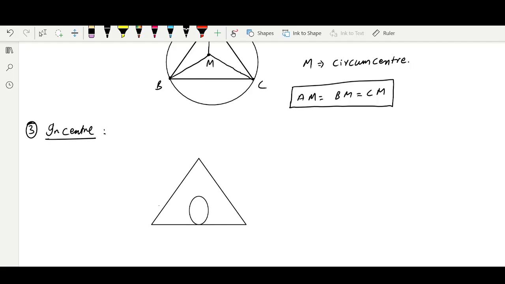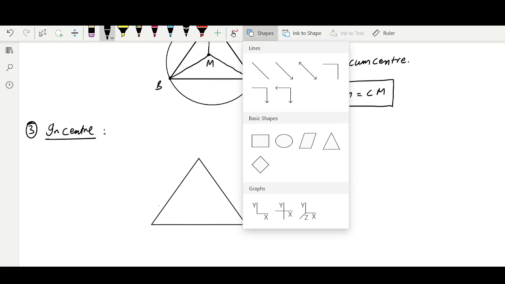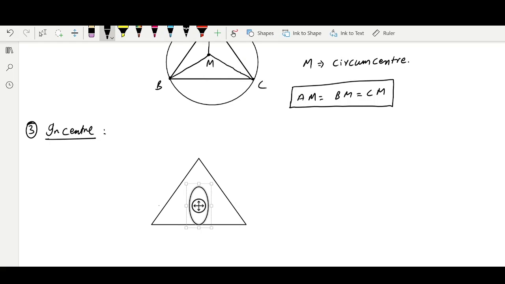As you can see, what incentre does is it passes through all the midpoints.